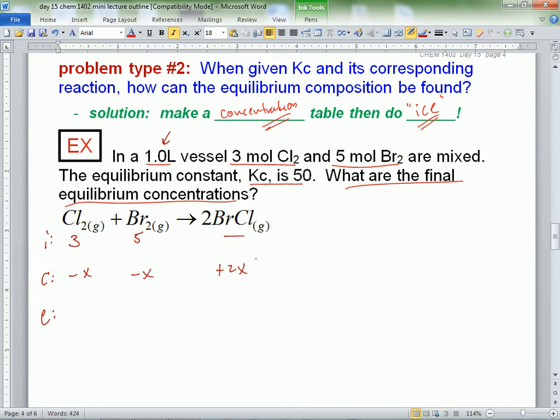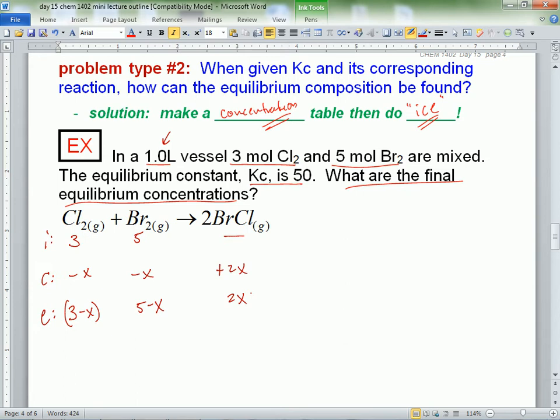You have initial, you have a change, so, well, a negative x plus 3, or 3 minus x. Just add them up. Right? And 5 minus x. And just 2x. Yeah, 2x plus nothing is 2x. Okay. Those are all of our answers. We just have to figure out what x is.